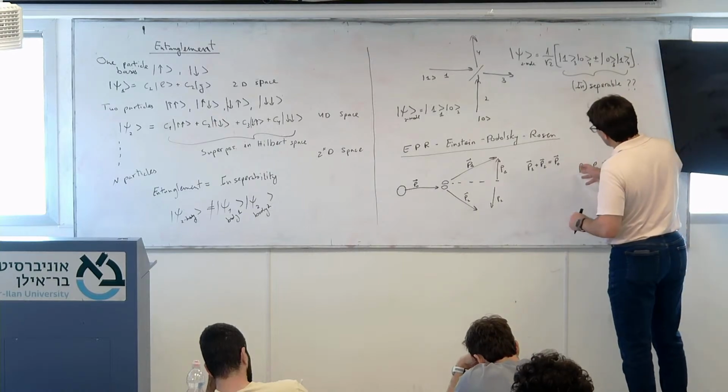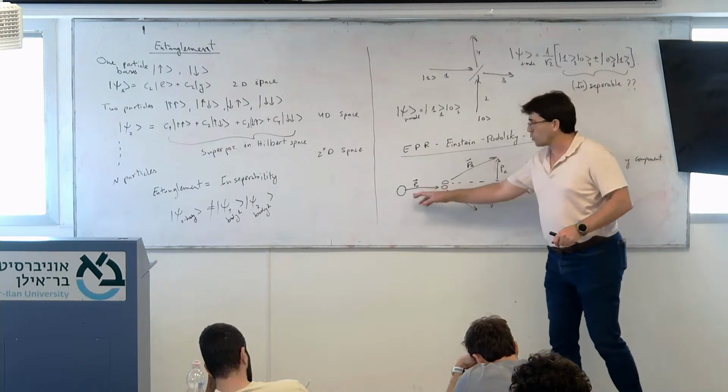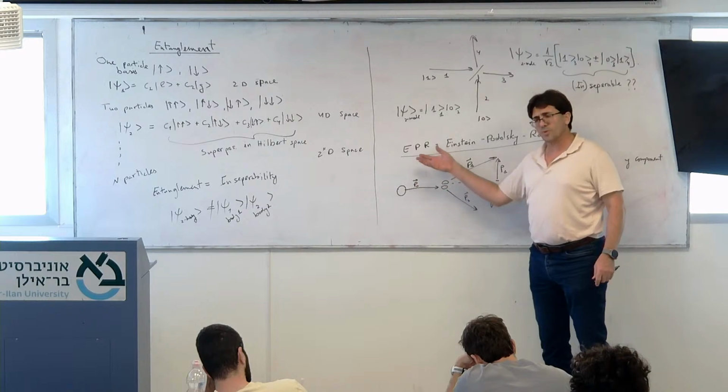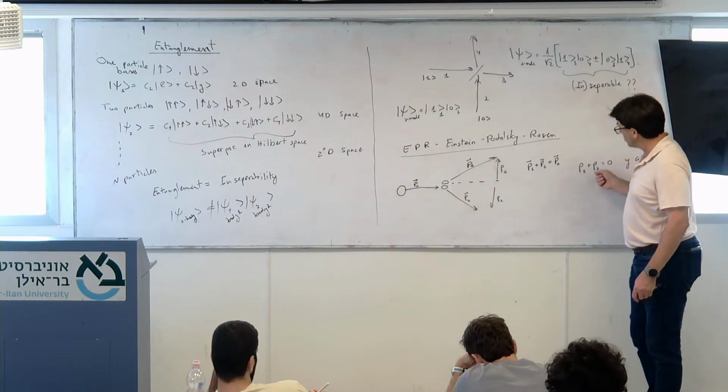In fact, P1 plus P2 is equal to 0 if this P0 was perfectly well defined. If P0 was not perfectly well defined, then the uncertainty of P0 will be written here.